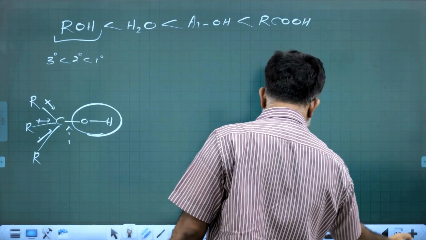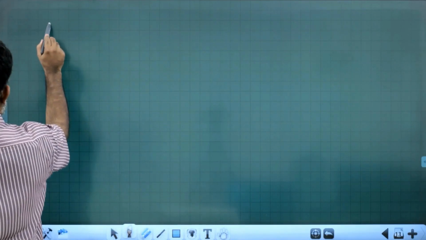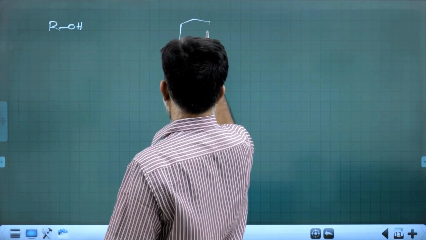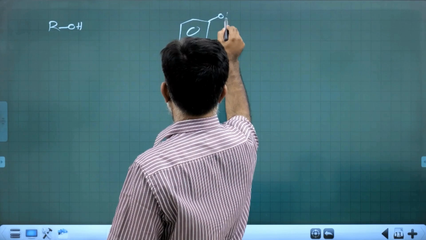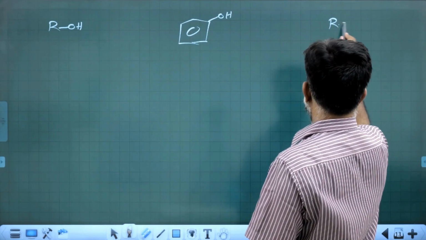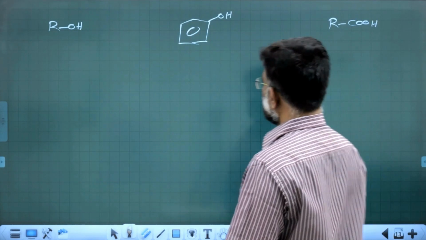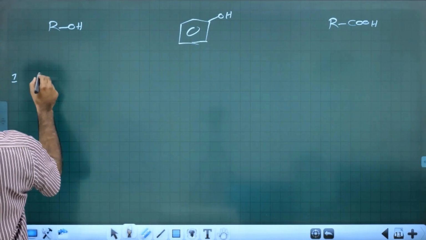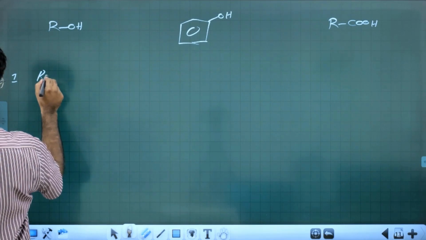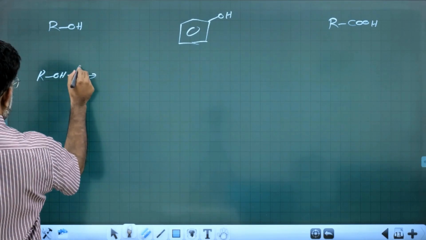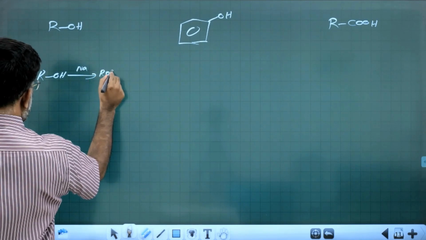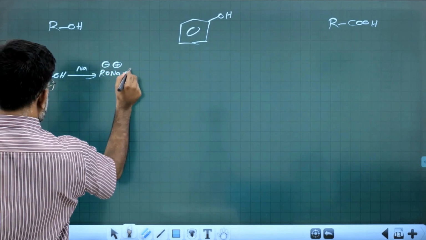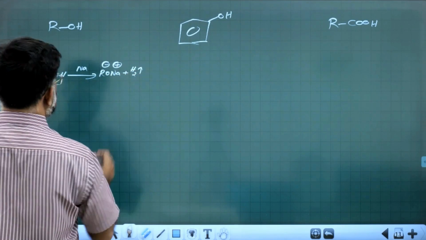Let us try to get a demonstration. If you take an alcohol versus a phenol versus a carboxylic acid, and compare a reaction, for example, first the reaction with metallic sodium: ROH with metallic sodium gives RONa, liberating hydrogen gas.